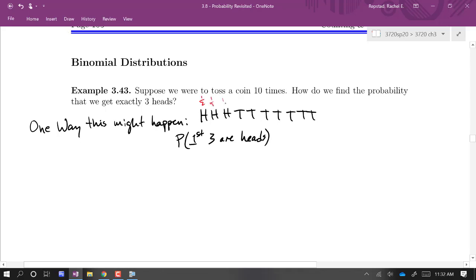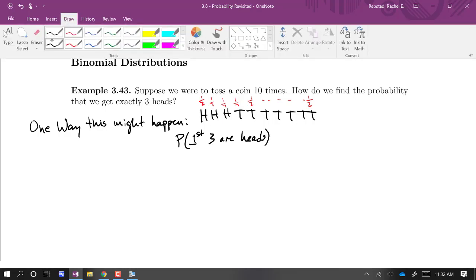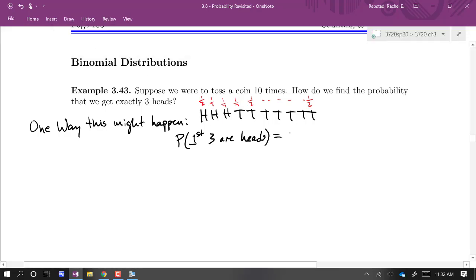All of these have a probability of 1/2. Now, I'm going to write it out in what might seem like an inefficient way, but the way that I'm going to think of this is the number of ways to get 3 heads first. So that's 1/2 times 1/2 times 1/2, which is 1/2 cubed.